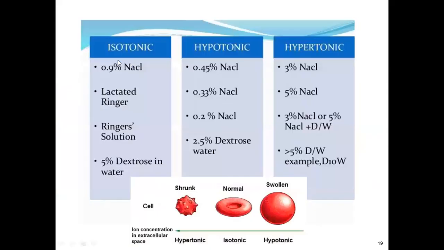I'm going to talk about isotonic fluid. In the case of isotonic fluid, the tonicity, or concentration of solution or number of dissolved particles, is equal to intracellular fluid, because I told you tonicity is always compared to the intracellular fluid.